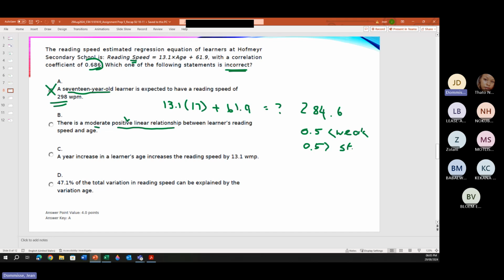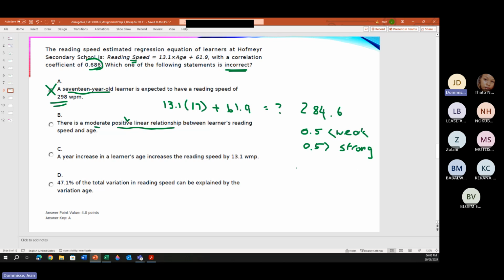Other textbooks divide it into 3 areas, where they go from 0.1 to 0.4, 0.4 to around 0.7, and then 0.7 plus.